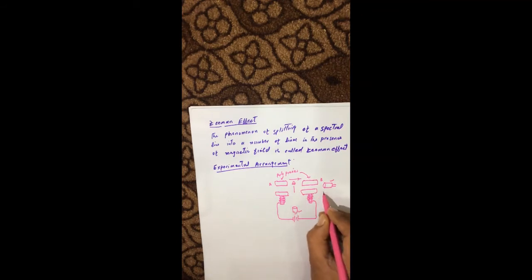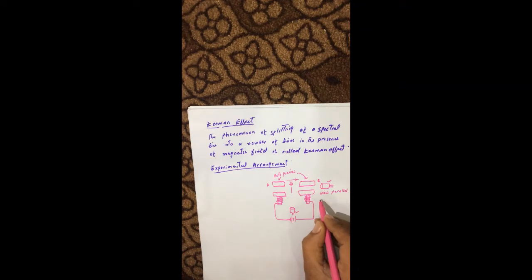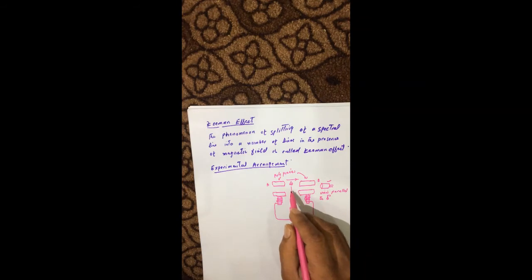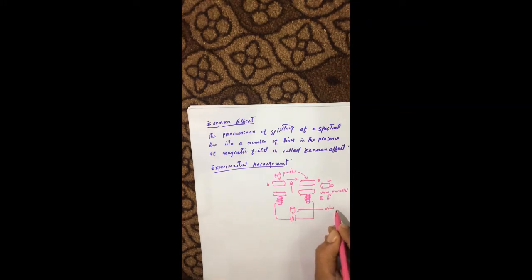So we call it view parallel to the magnetic field. And here we are observing the modified light in a direction. The direction of observation is this one, while the magnetic field direction is this one. So we are observing in a direction which is perpendicular to the field. This is the view perpendicular to the field direction.